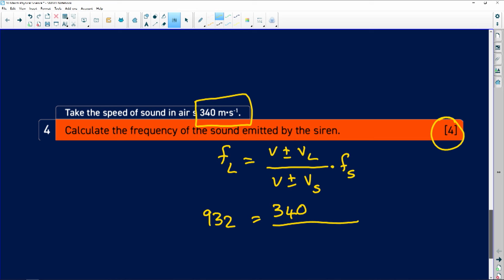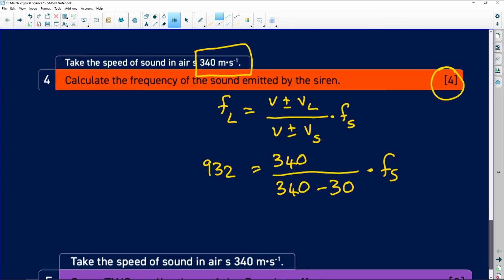The listener was standing still, so we're going to leave that out. And then we're going to have 340. The source was coming towards us, and the speed of that vehicle, we calculated it to be 30, as it was moving towards us, multiplied by the frequency of the source.